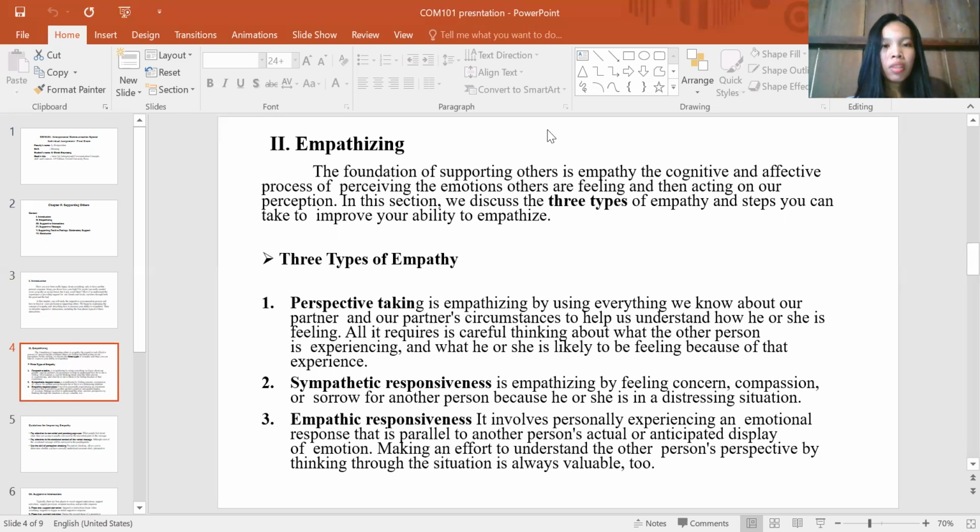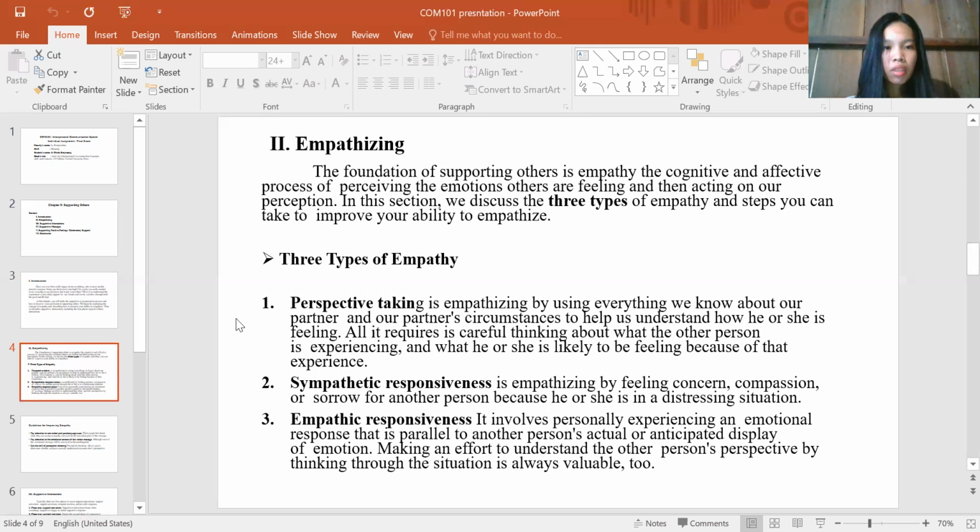In this session, we discuss the 3 types of empathizing and steps you can take to improve your ability to empathize. For these 3 types of empathizing.